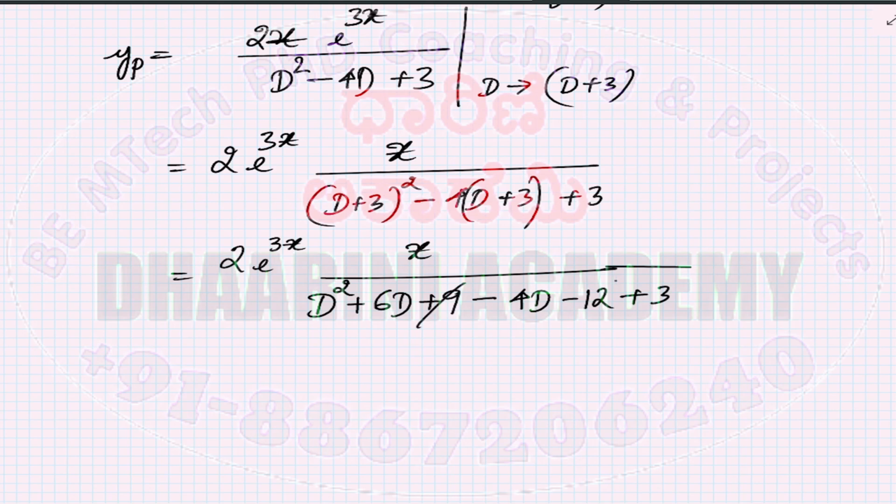So 9, 12 and 3 are gone. So this is equal to 2 into e to the 3x into x divided by D square, 6 minus 4 is 2, so plus 2D.